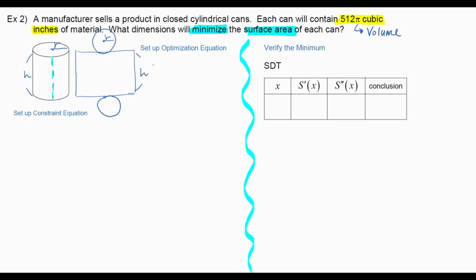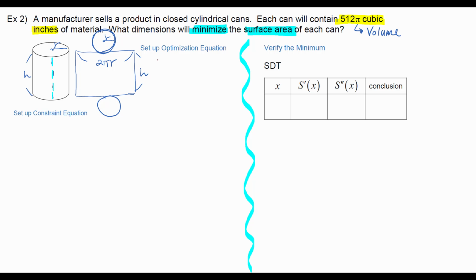The only thing I need to find out is the length of this, and that has to be equal to the circumference of this circle, and the circumference of this circle is 2 pi r. So now, without memorizing, I can actually find the surface area of this.